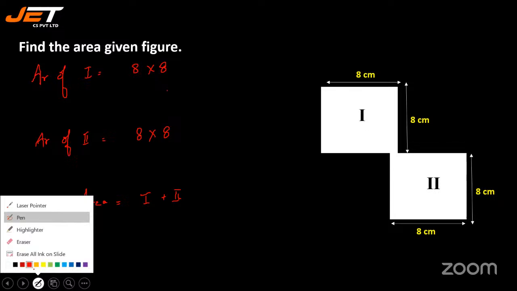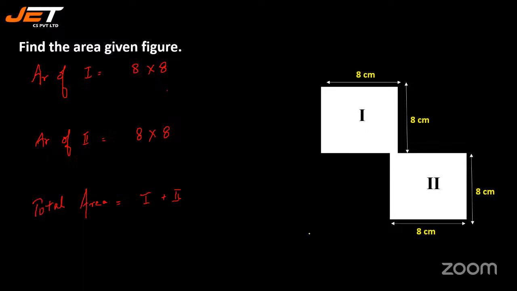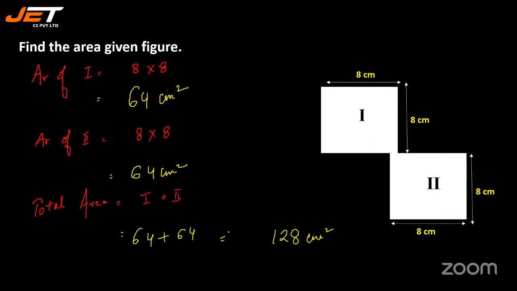Adding the two squares, it is equal to 128 centimeters square. Area is always in square units. So first is 64 centimeters square, the second also is 64 centimeters square. When I add them, I get 128 centimeters square.